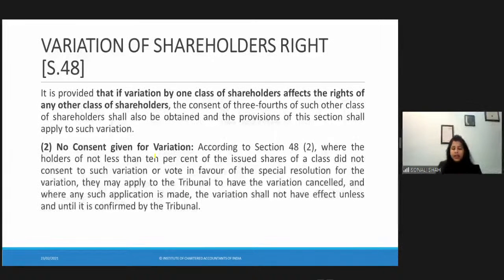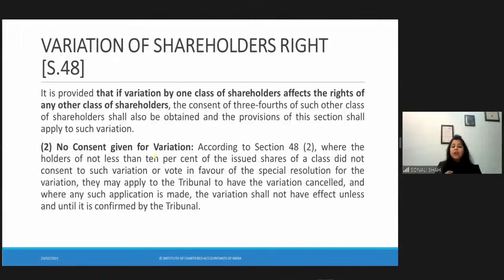So we are talking about needing consent from 3/4 of the people, right? Let's say we got the consent from 3/4 of the people. Still, there are around 24% or 24.5% of the people who have not given that consent.